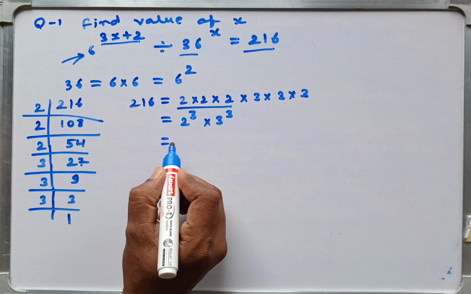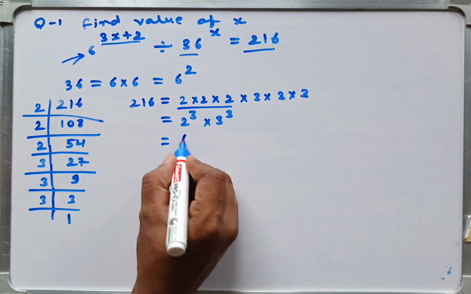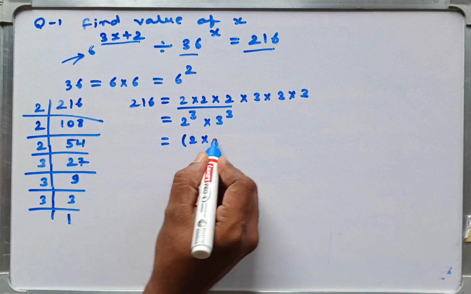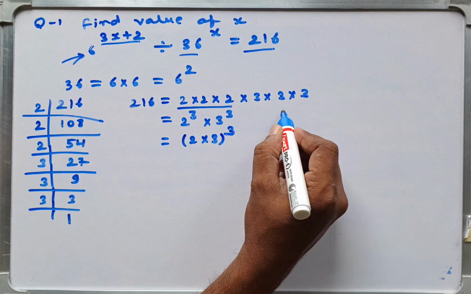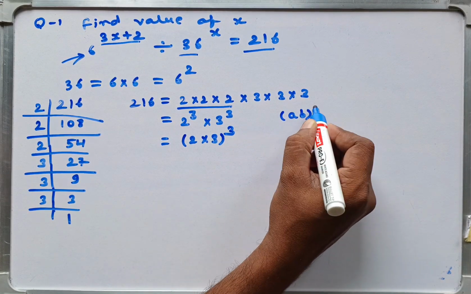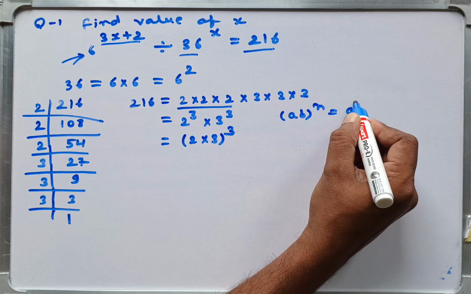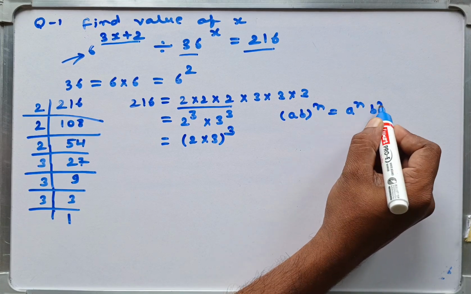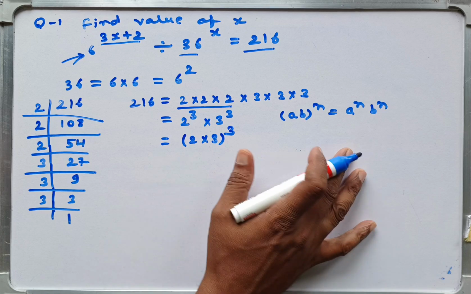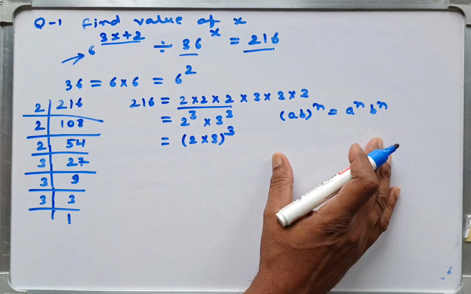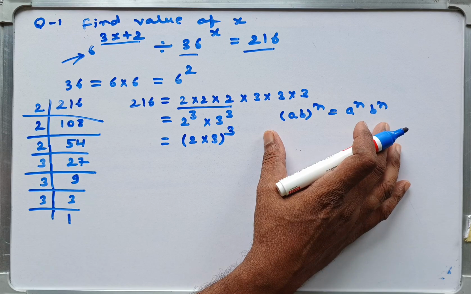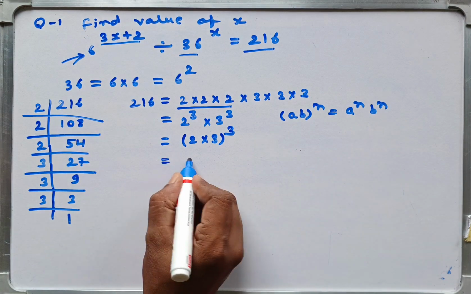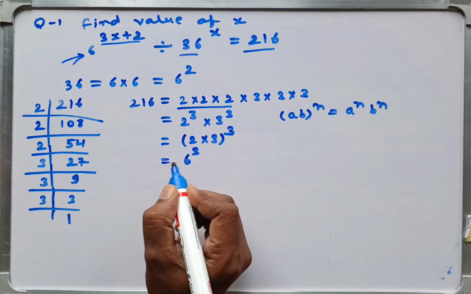What we read just now, we can write as (2 into 3) whole to the power of 3. Why? Because (ab) to the power of n equals a to the power of n and b to the power of n. See how we are utilizing the facts of exponents we learned just before. So we can write it as 6 to the power of 3.